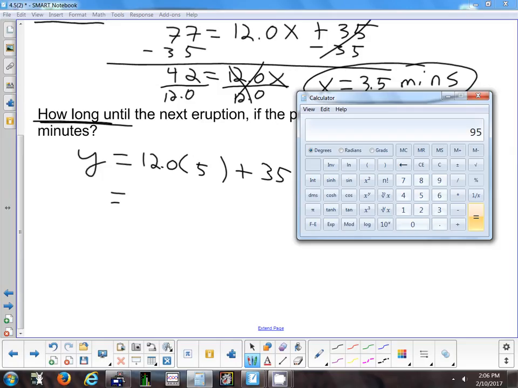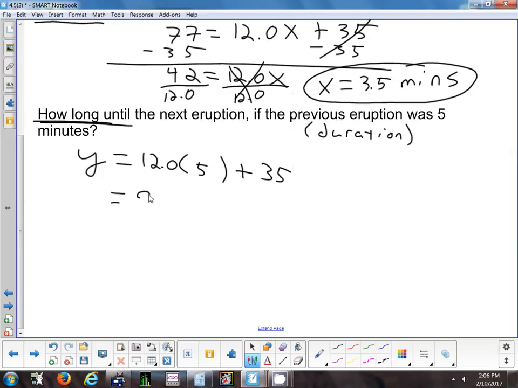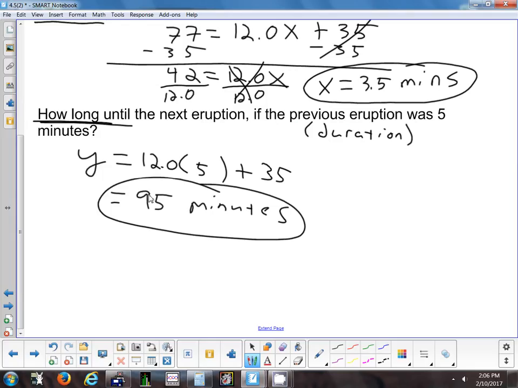So if the previous eruption was 5 minutes, the next one's not going to occur till 95 minutes later. Like an hour and a half. An hour and 35 minutes to be exact. All right? So all we're really doing is they tell you one of the two numbers. You plug it in and you solve for the other one.